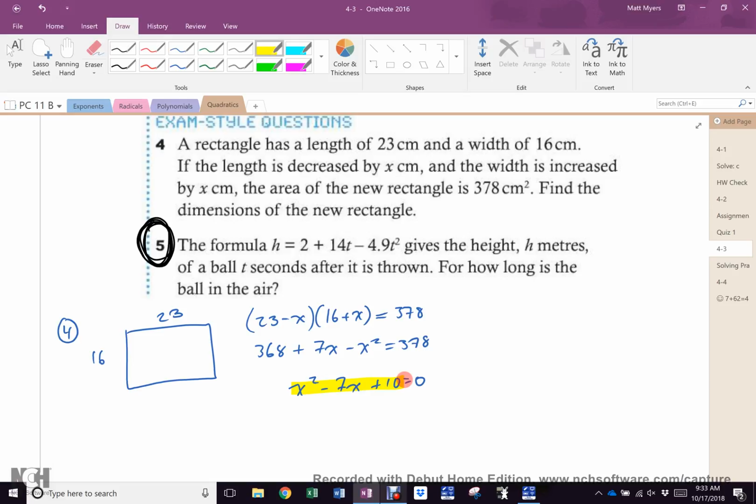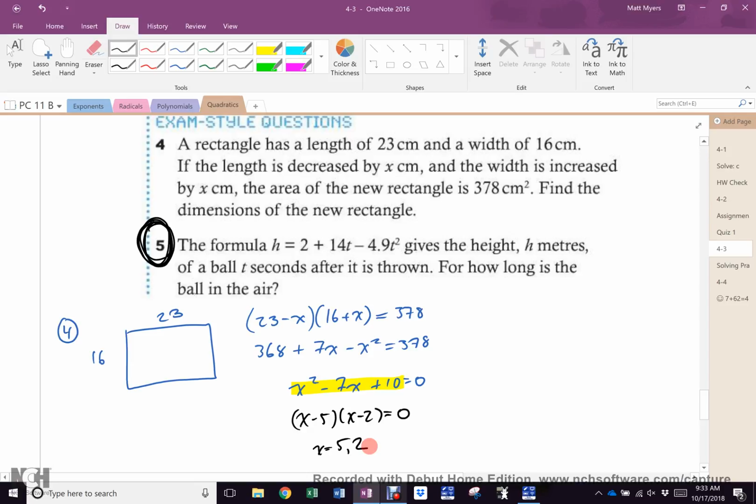But it's a lot of extra writing if we don't need it. Do we need it here? No. Why? Because it's easy to factor. What does that factor to? Negative 5 and negative 2. So x minus 5, x minus 2 equals 0. So what are my answers? X can equal 5 and 2.